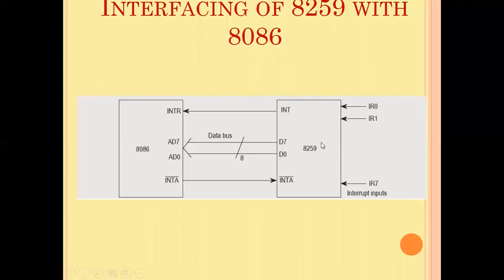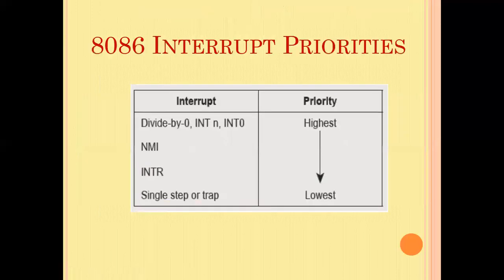This interrupt controller first requests the 8086 with INTR. Upon seeing its validity, 8086 raises its INTA bar, and accordingly gets the ISR vector address. If it gets the ISR vector address, it is going to execute it and come back to the main program.